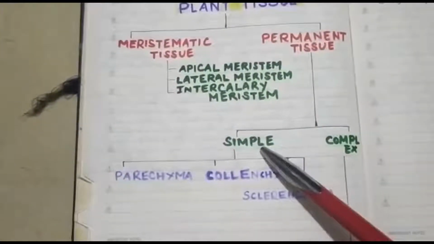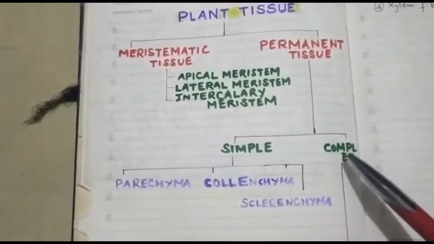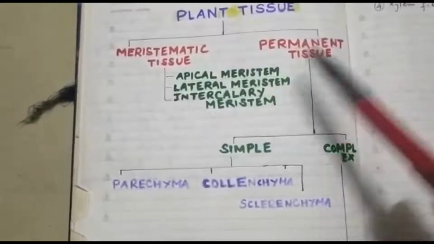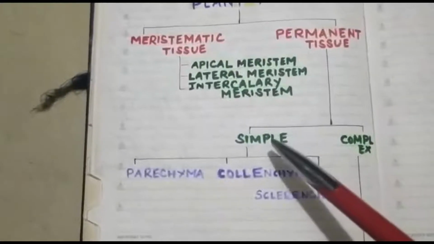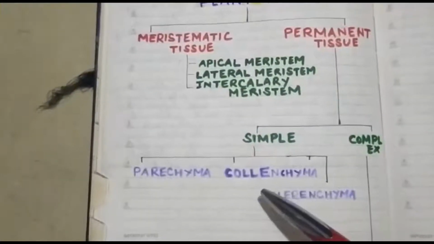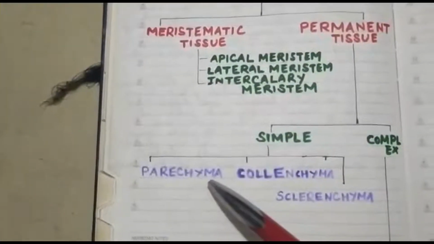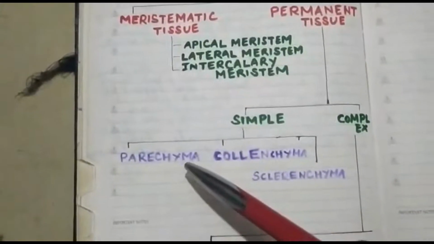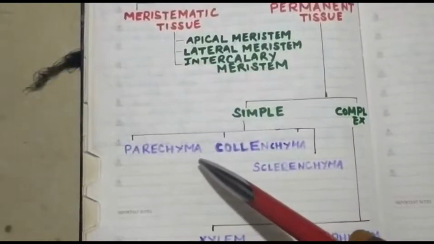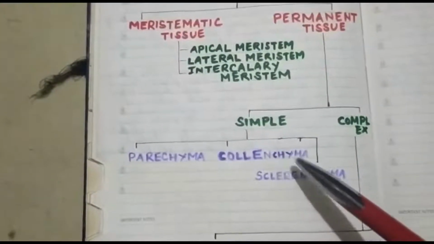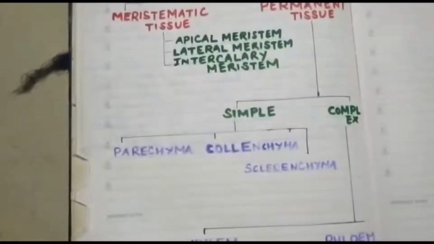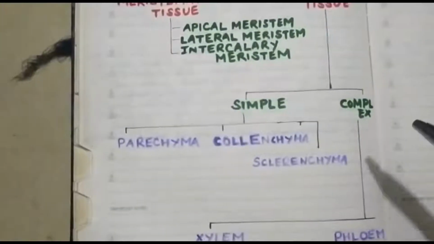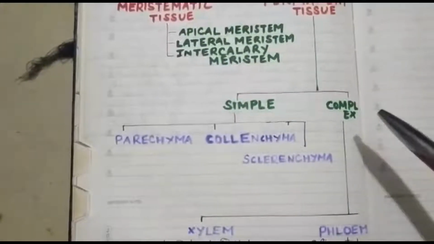The first one is simple permanent tissue and the second one is complex permanent tissue. Again, the simple permanent tissue comprises three types of tissues: parenchyma, collenchyma and sclerenchyma.